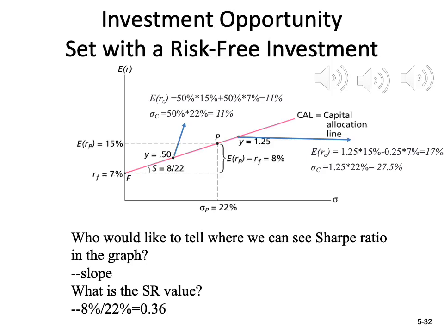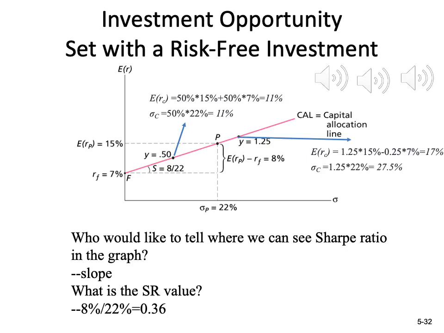So the complete portfolio's return will be 125% times 15% from the risky portfolio, minus 25% times 7% T-bills. The minus sign here means you borrow against the treasury bills.